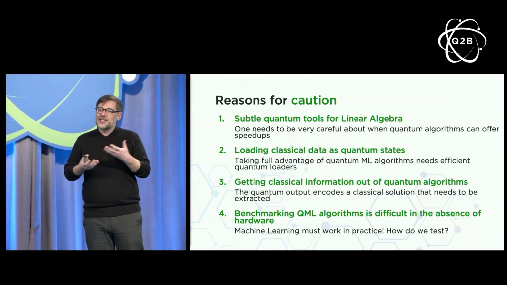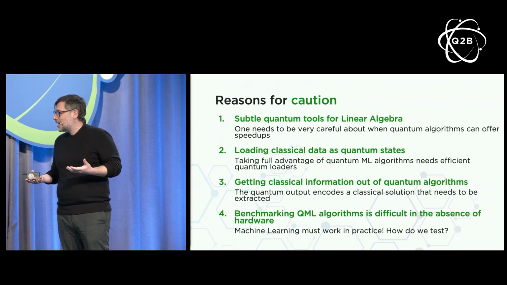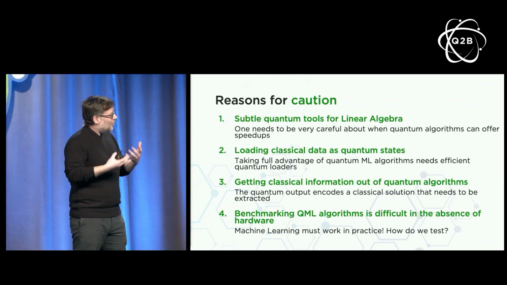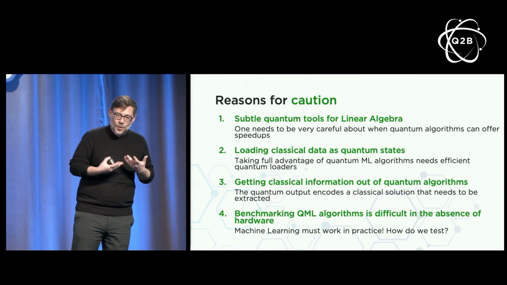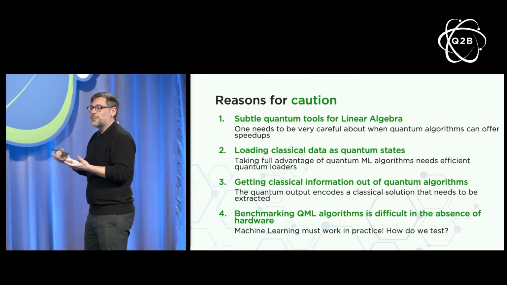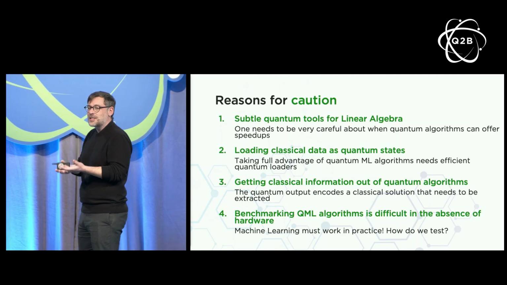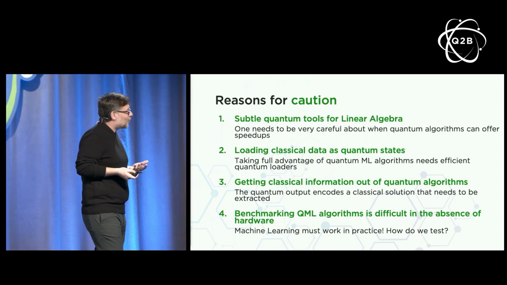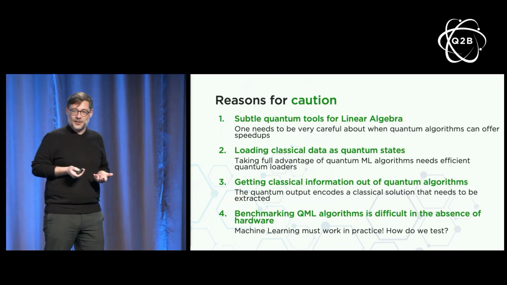We have some idea from trying to implement very, very tiny examples of this, but the more the hardware gets better, the more we will understand what types of heuristics work better and what types of heuristics do not work so well. So we are waiting for hardware in order to be able to benchmark a lot of these algorithms.